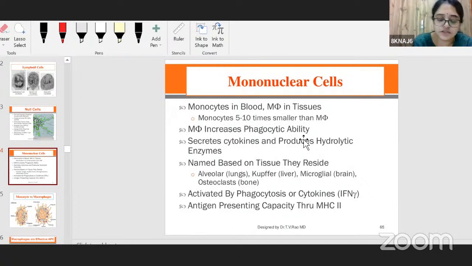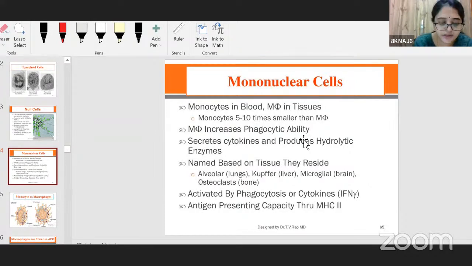They are present all over the body, and in certain tissues they become fixed macrophages, whereas in others they are motile and free, so they are known as macrophages when they travel all over the body.